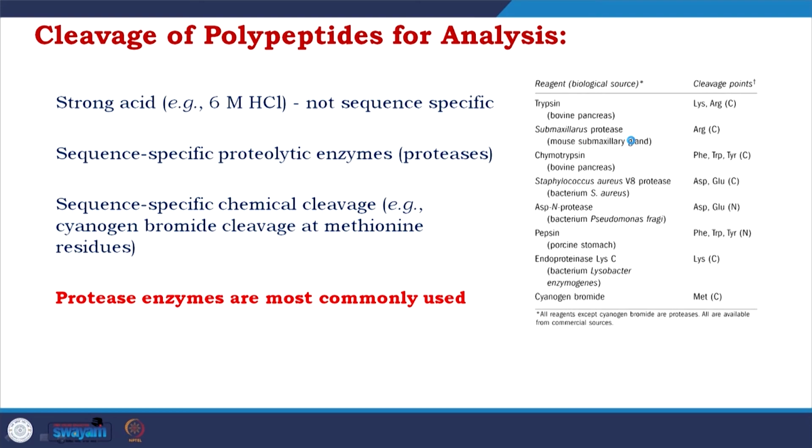Then you get submaxillary protease, which cuts at arginine specifically; chymotrypsin, at phenylalanine, tryptophan, tyrosine; Staphylococcus aureus V8 protease, at aspartate and glutamate, the acidic ones; Asp-N protease, at aspartate and glutamate; pepsin, at phenylalanine, tryptophan, tyrosine; endoproteinase Lys-C at lysine; and cyanogen bromide at methionine. So, these are all proteases and this one is chemical.